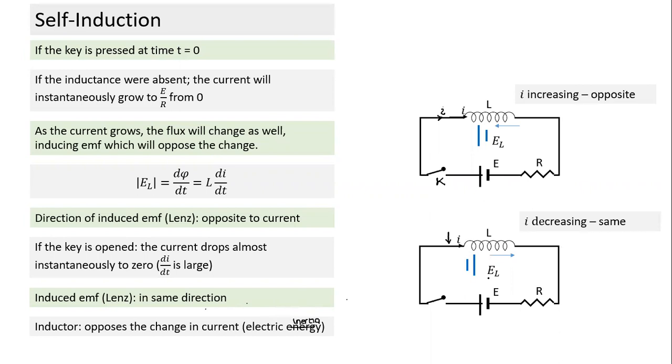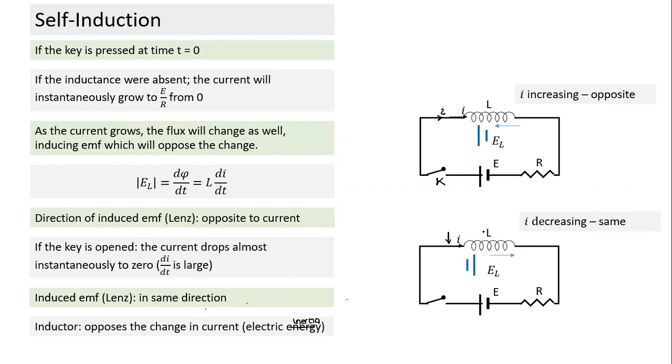And how much will the EMF be? If we know the value of L based on the geometry, how do we calculate L? Again, to recap, how to calculate L? If current I is flowing, it creates a magnetic field. I calculate the flux through the coil, through all the loops.